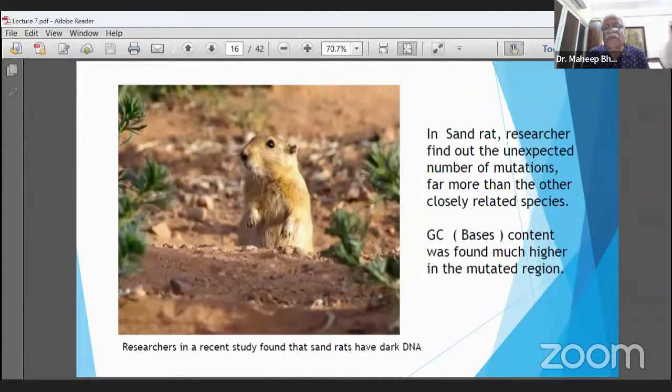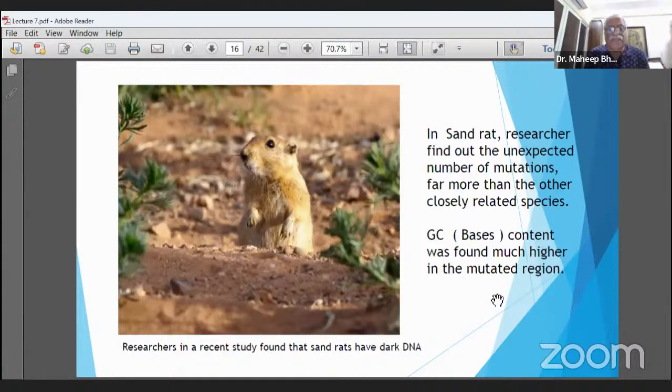And they also found that these particular areas which are mutated in the sand rat are rich in the two bases, GC, guanine and cytosine. So these types of areas in a gene are basically rich in guanine and cytosine bases.